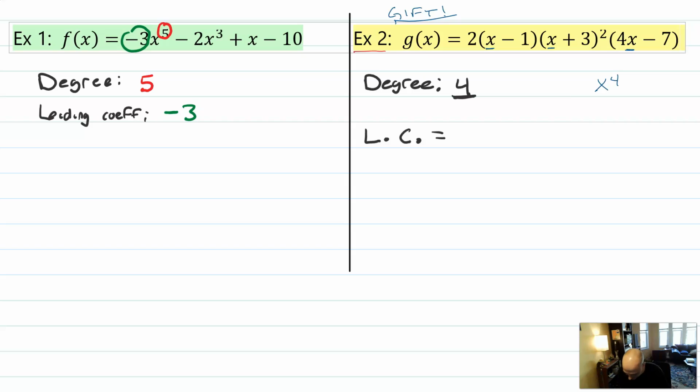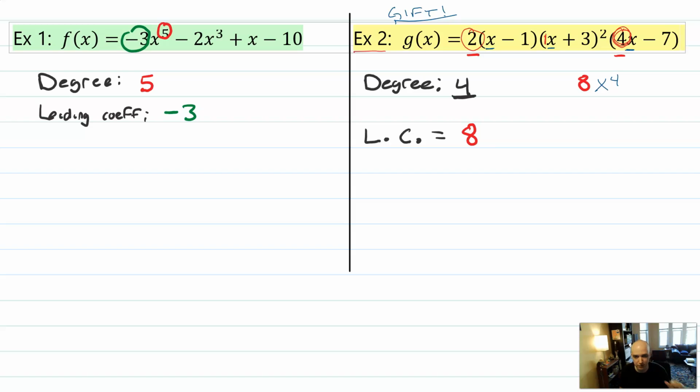Well, anything that's ever multiplied to an x would also get included in the x to the fourth. So I have a 2 there and a 4 and nothing else. This is like a 1x plus 3. So in the end, I can predict that I would actually have an 8x to the fourth. So the leading coefficient here, just by looking at what all the various coefficients are, would be 8, and specifically positive 8.